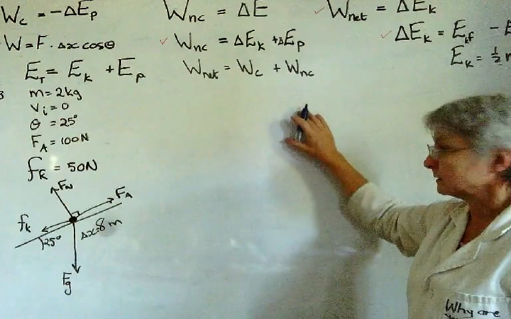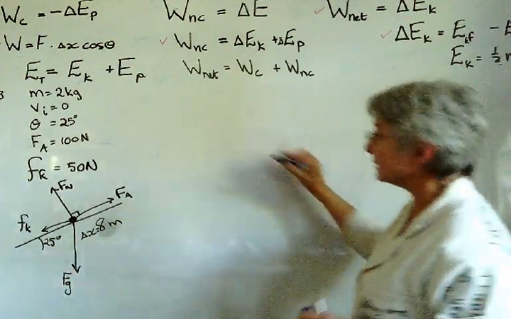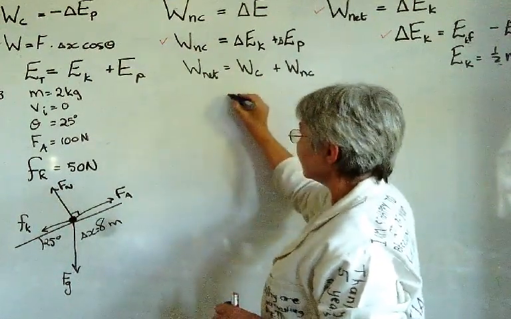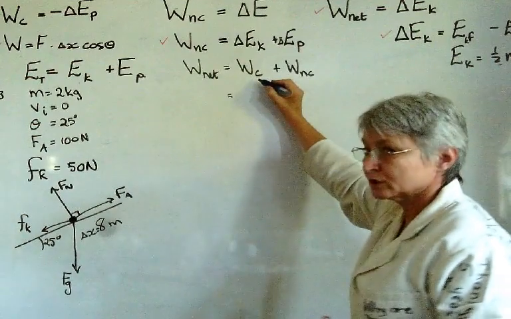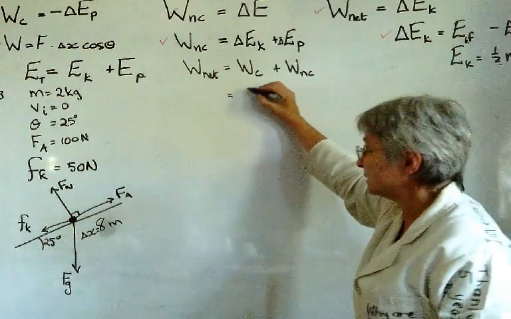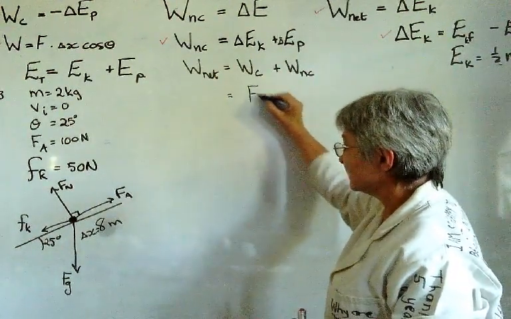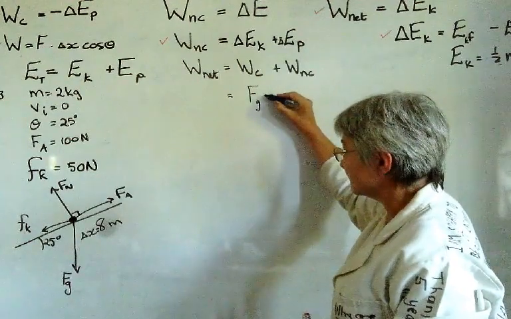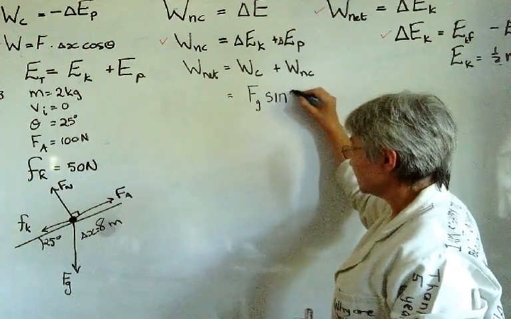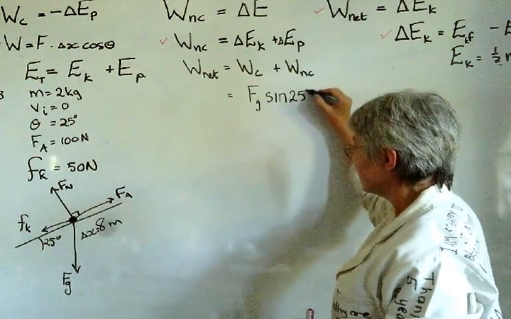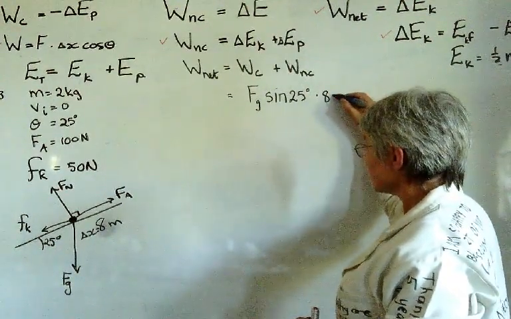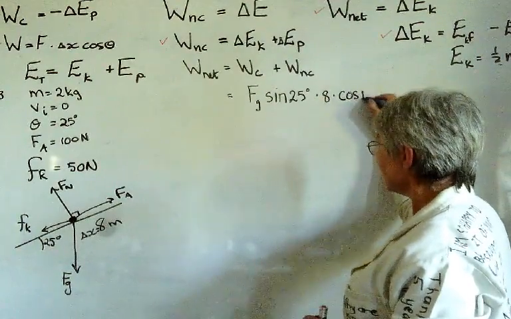So I'm going to start off with that equation, and I'll say the work done by the conservative force is Fg sine 25 times 8 times cos 180. Are you happy?